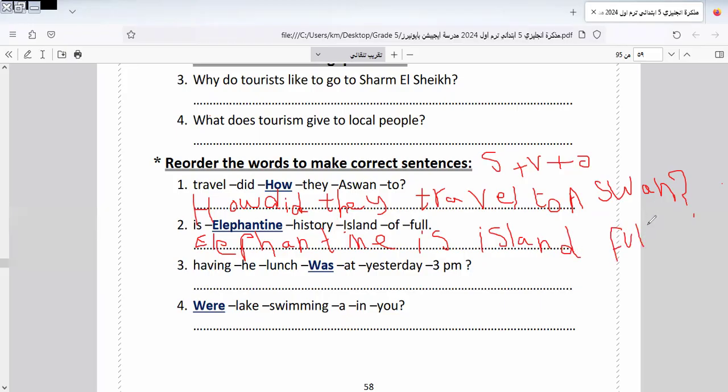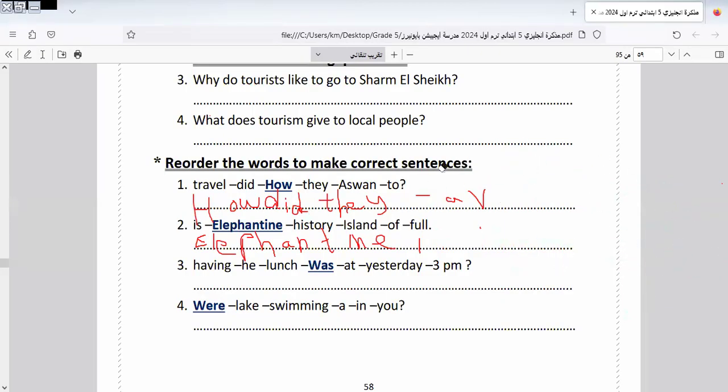Full of history. Okay, I will leave the two sentences for you to do by yourself. Now we know how to make a rule of this, so you can practice on the rest of the sentences. Okay, I will stop here. I will leave the rest for you to do by yourself.